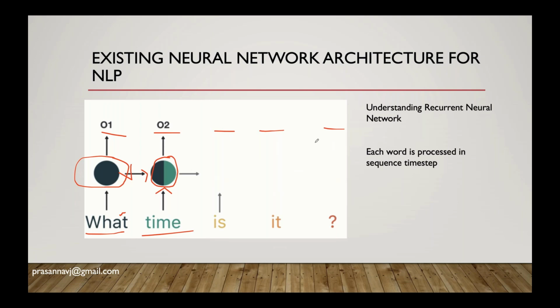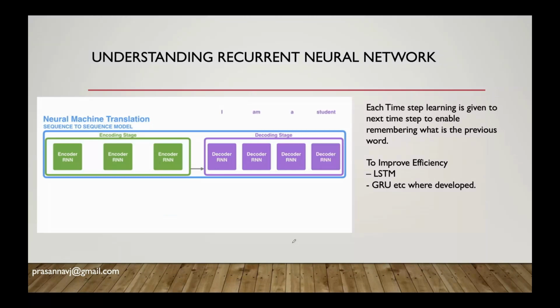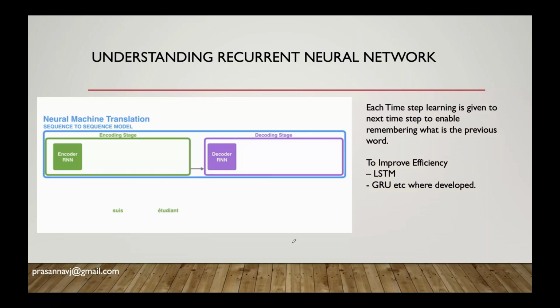There are a couple of variants of the neural network, and one variant is especially for translation services. For translation services, you may require two different pieces to implement the service. One is called the encoder, another is called the decoder.